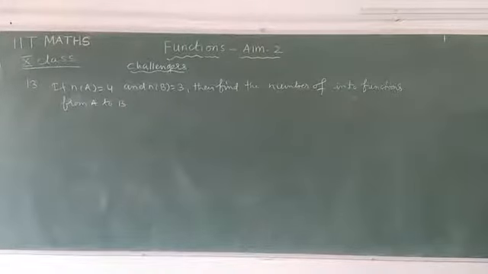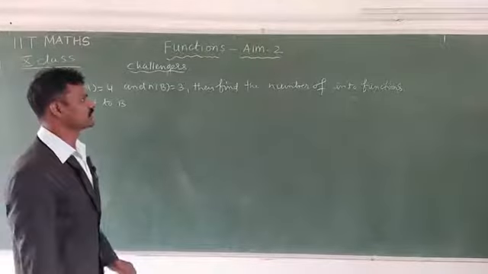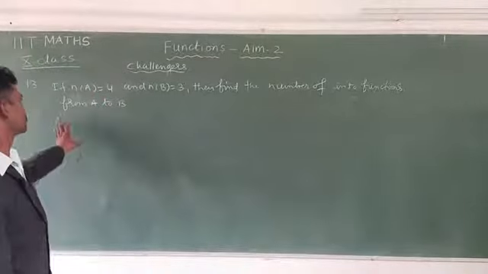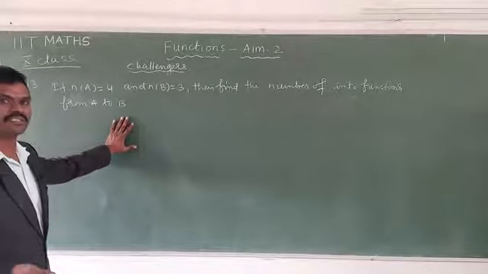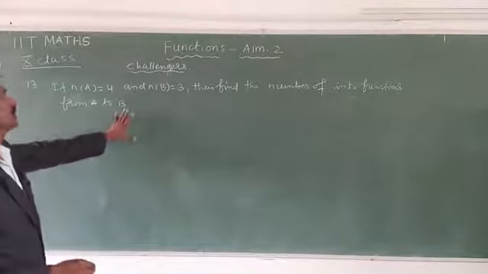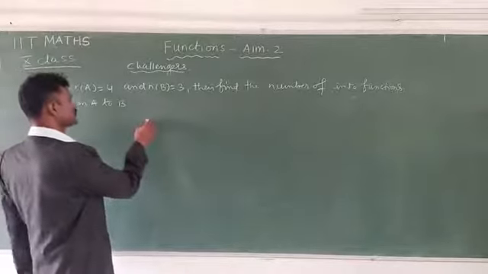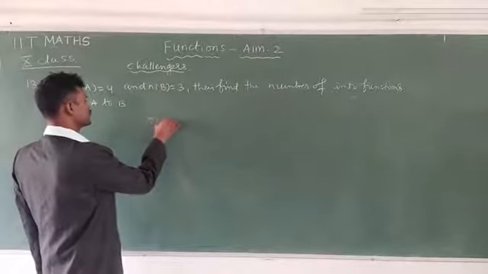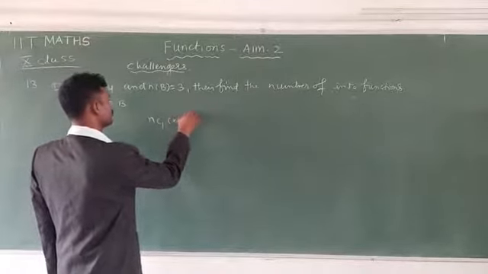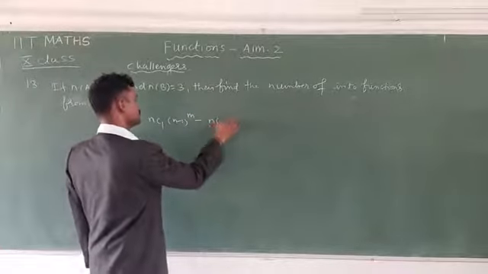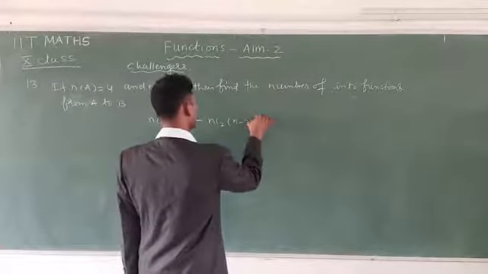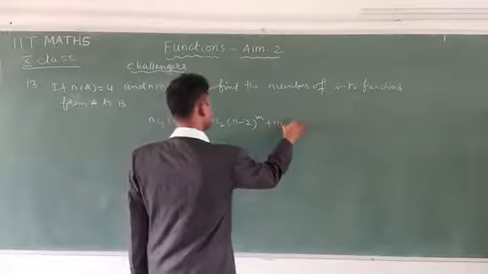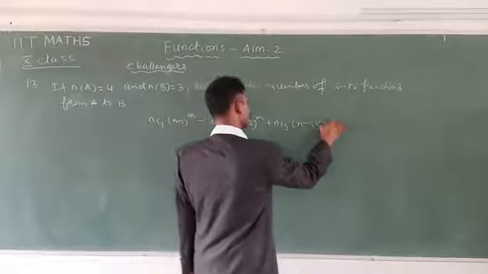Okay, next the 13th one. If n(A) is equal to 4 and n(B) is equal to 3, then find the number of into functions from A to B. If a function is not an onto function, then it is an into function. The number of into functions from A to B is nC1 (n minus 1)^m minus nC2 (n minus 2)^m plus nC3 (n minus 3)^m and so on.